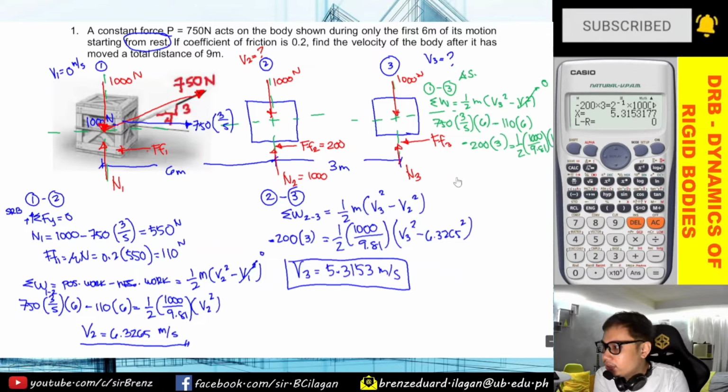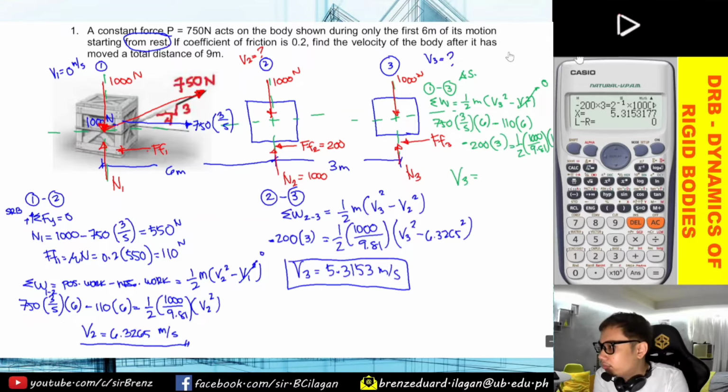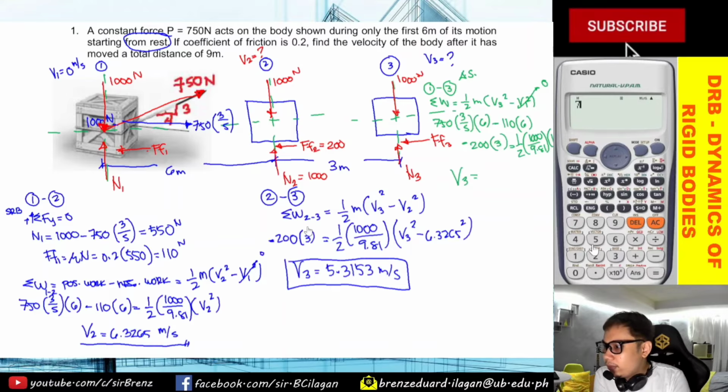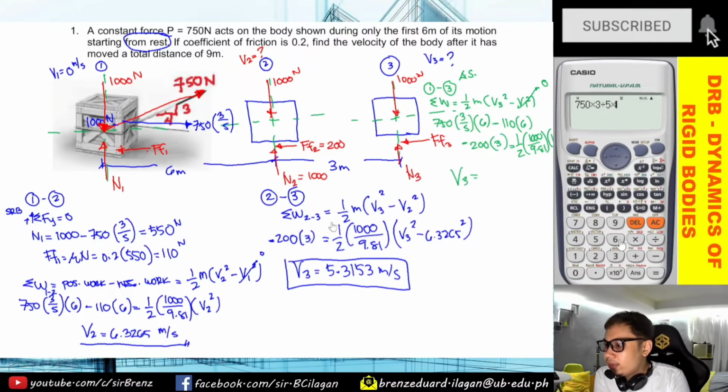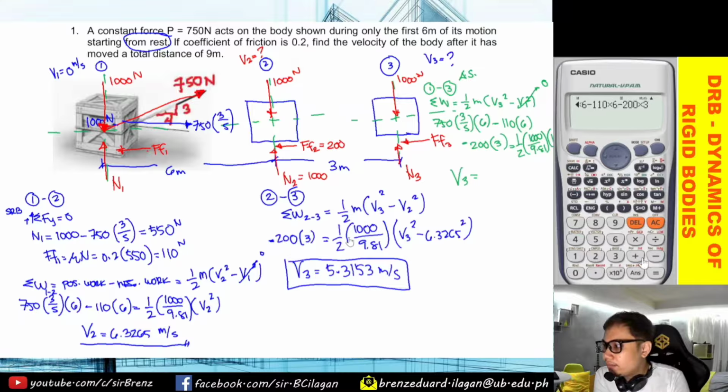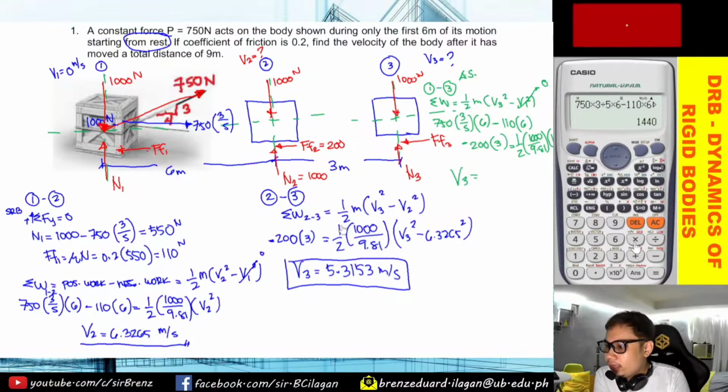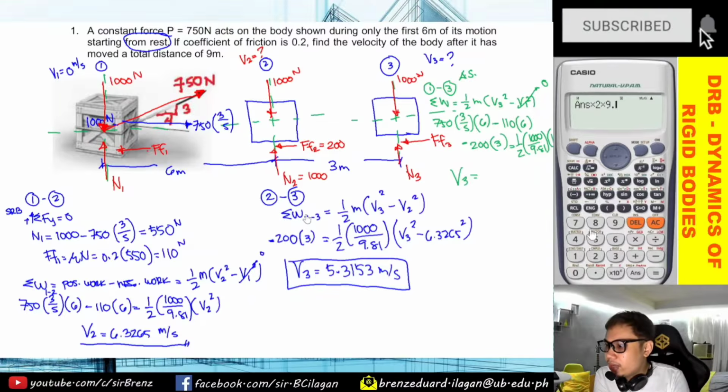squared. So, what is the value of v sub 3? Ito na lang sa calculator. So, 750 times 3 divided by 5 times 6 minus 110 times 6 minus 200 times 3 and then gawin ko times 2 times 9.81.